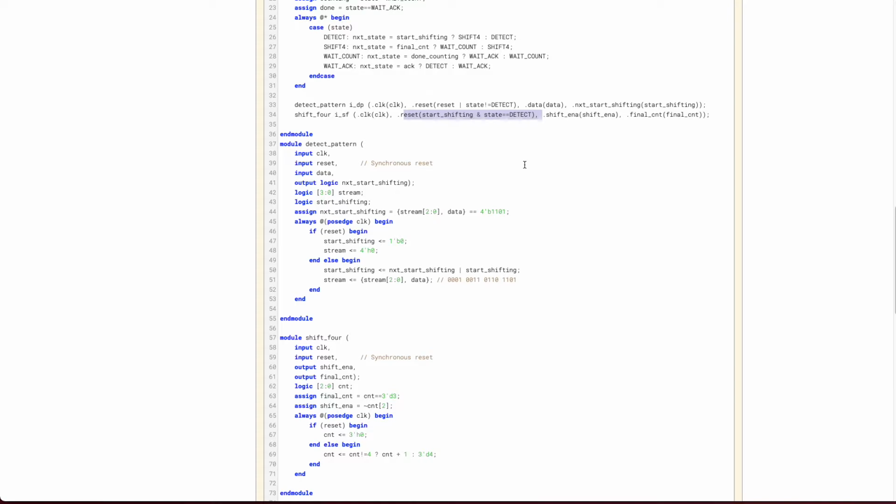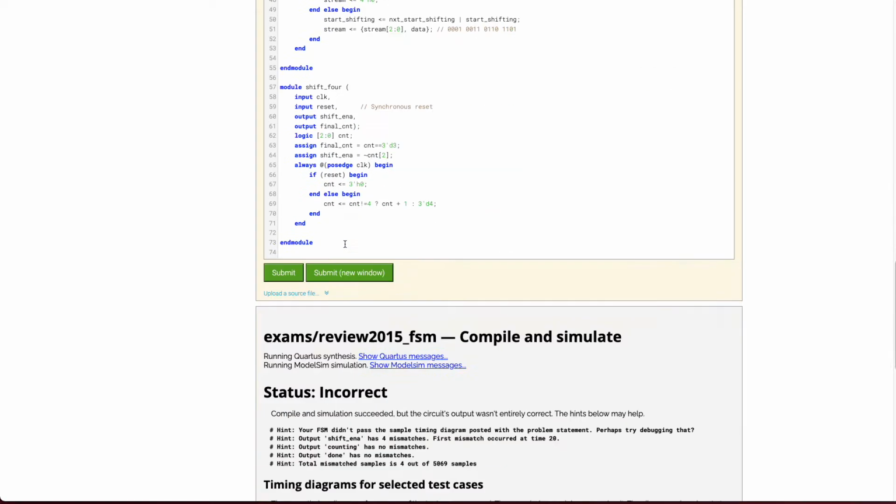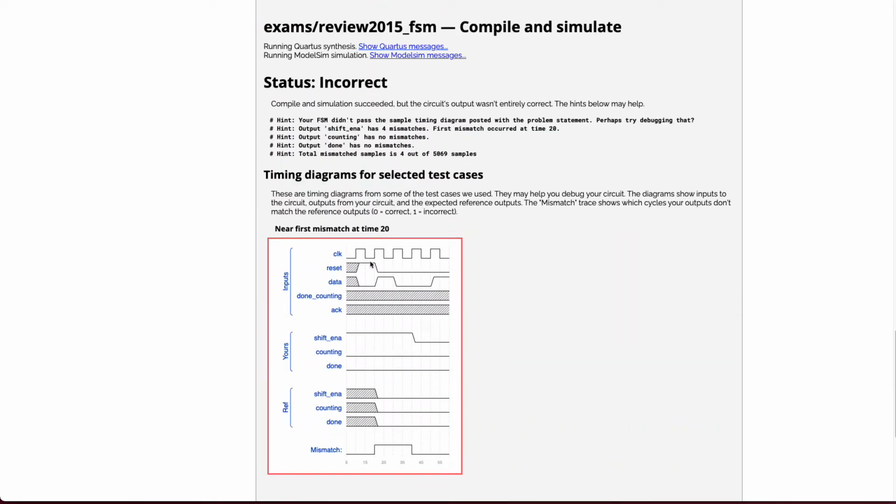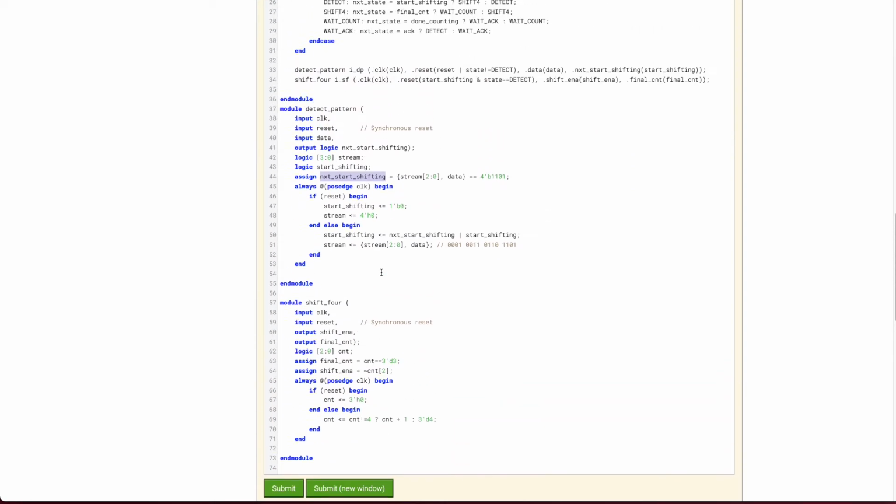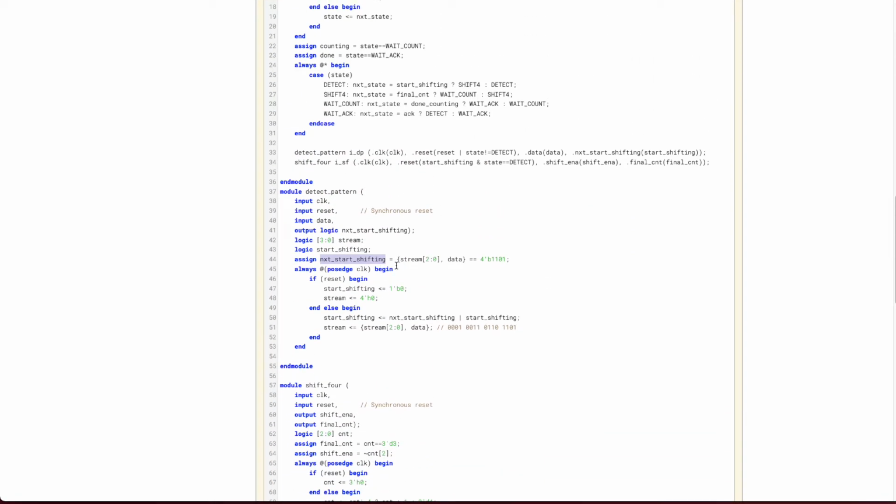So reset is what starts the shift enable. And I'm only if this happens and this happens, only if this happens. But if I'm at reset, then start shifting should always be 0.